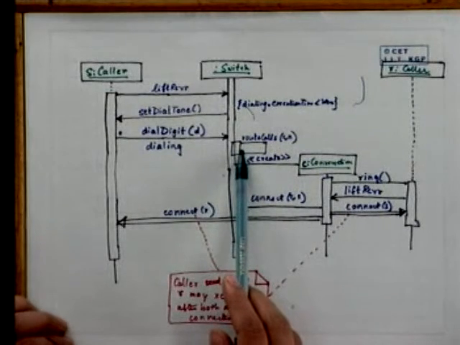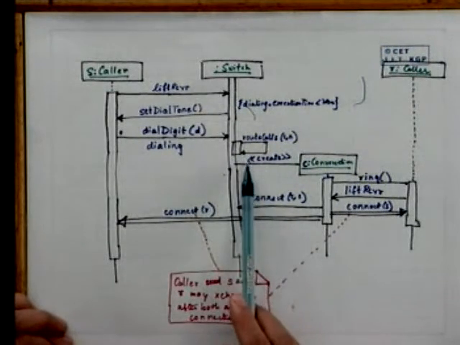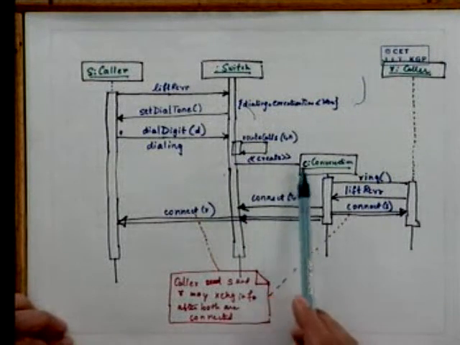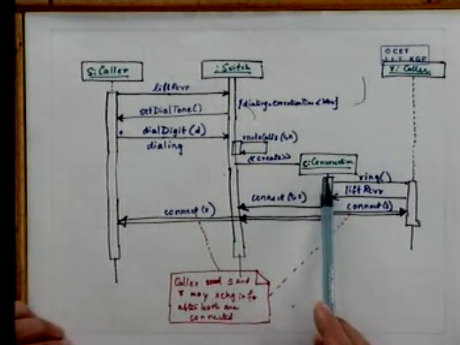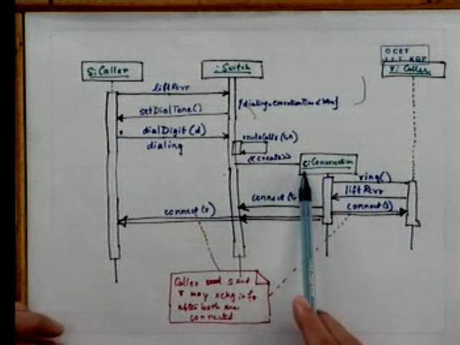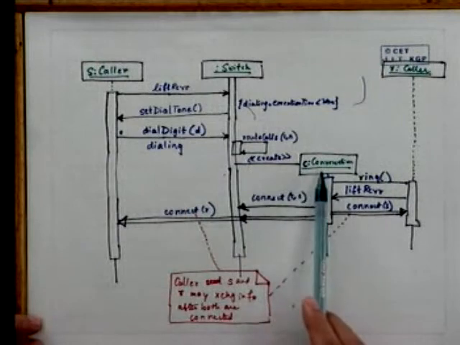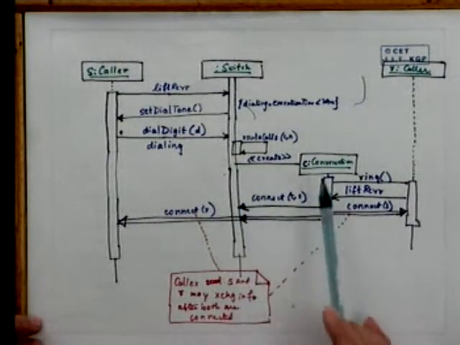So after this route call has finished, the switch sends a create message to create another new object, a conversation object. So C is a conversation object which is created by the switch after the route calls.